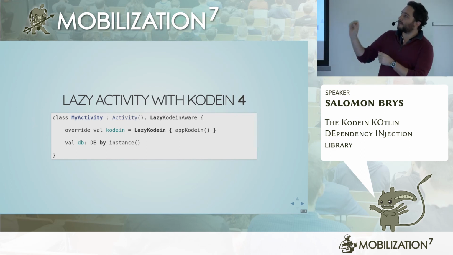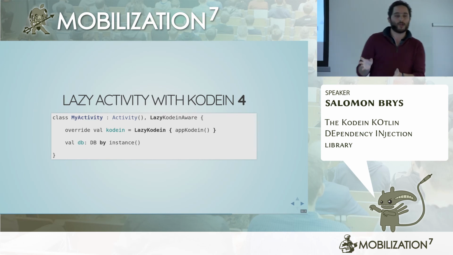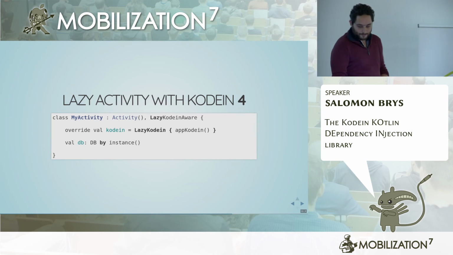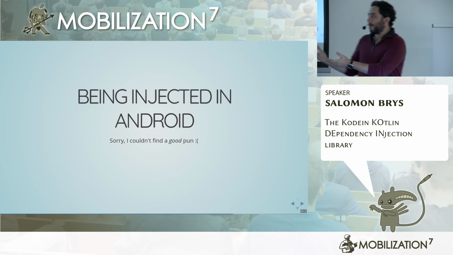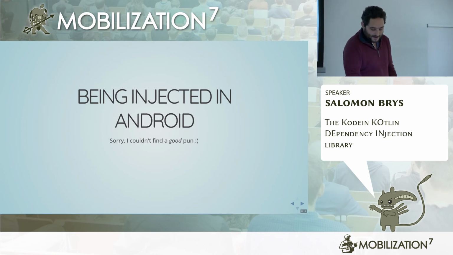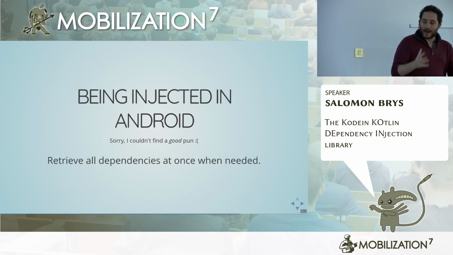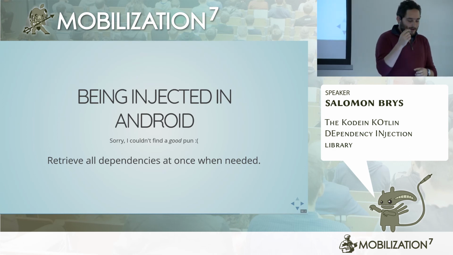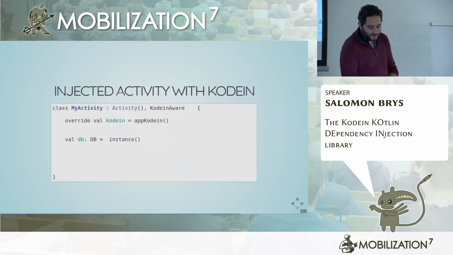So by using this syntax, we can ensure that our application will not crash because everything will be fetched only when needed. Okay, so there's another construct, and it's called being injected instead of lazy, and it means that we could retrieve all dependencies at once when needed, instead of getting each one when needed. Now we retrieve all at once.